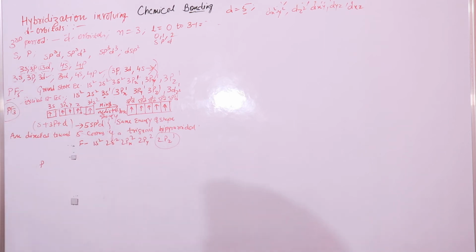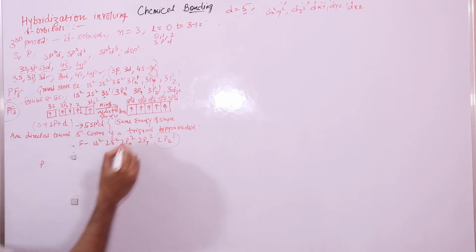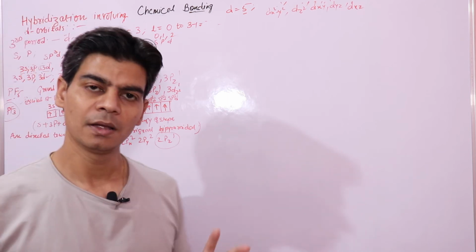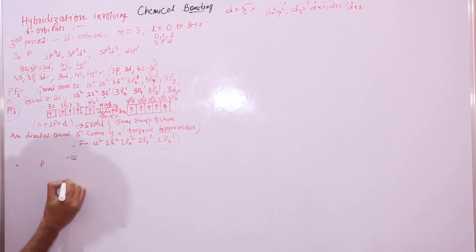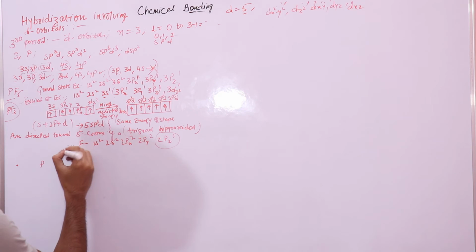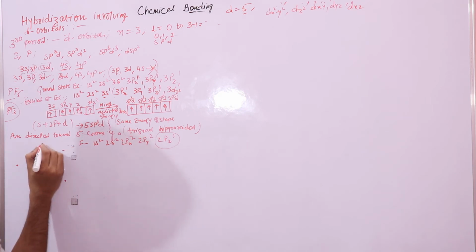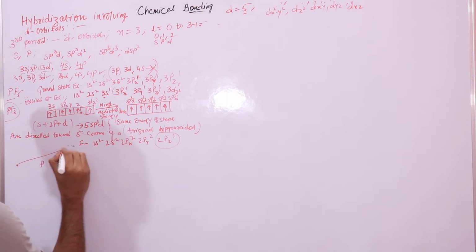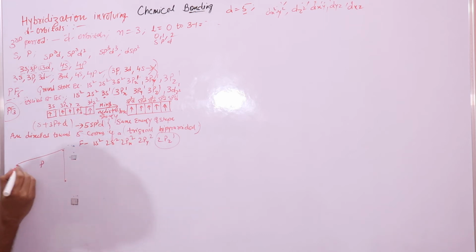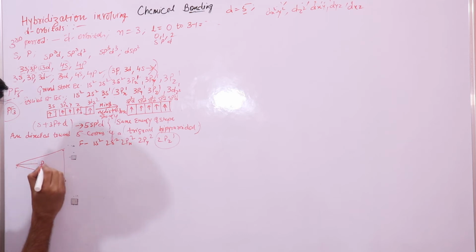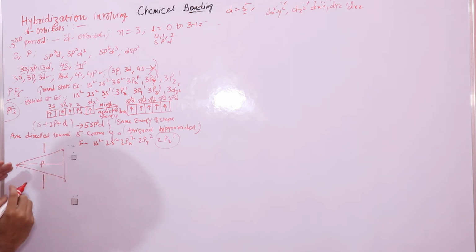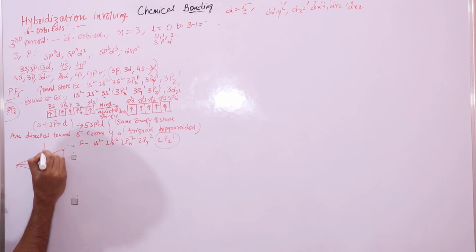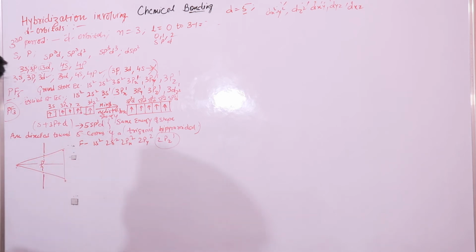Now let's look at the geometry. The phosphorus atom is the central atom, and the shape is trigonal bipyramidal. It has 5 corners. 3 corners are in one plane, like this, and 2 corners are perpendicular to this plane, like this.